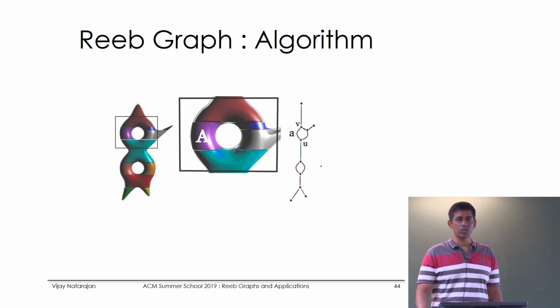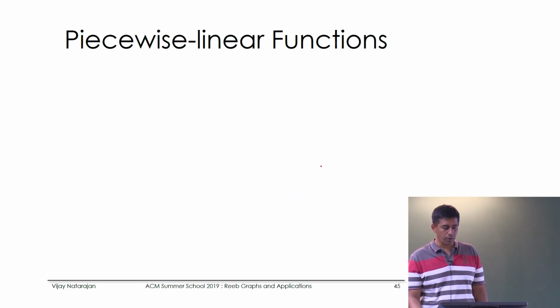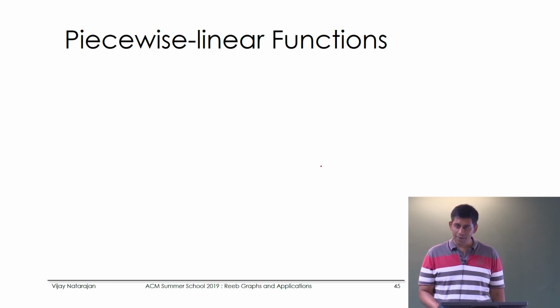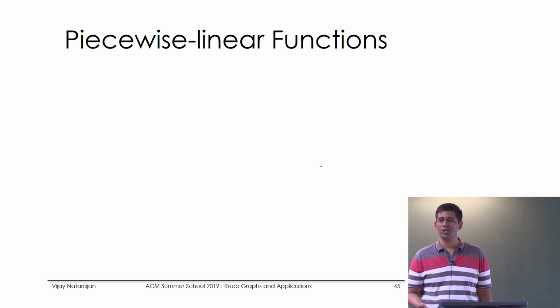Okay. So with that, let's talk about algorithms for computing Reeb graphs and contour trees. So far we have made very strong assumptions about smooth functions, Morse functions and so on. In practice, when you actually have data, things are never smooth.